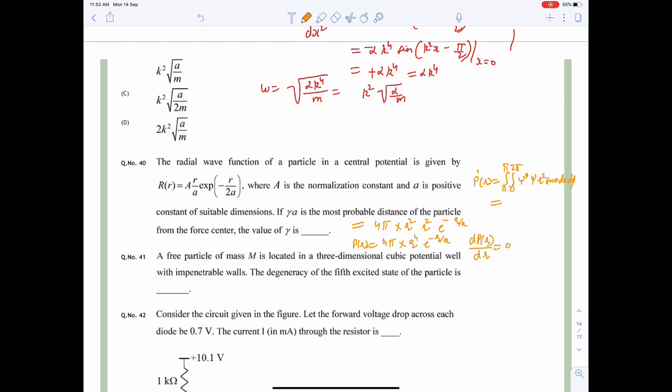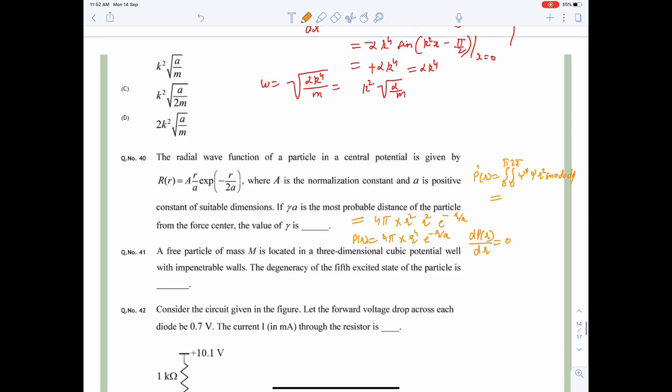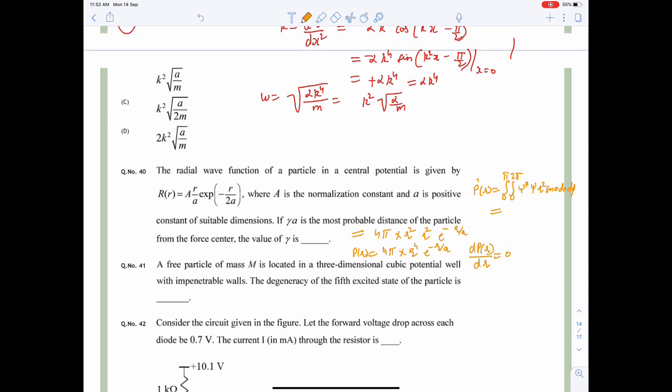Performing this, let me check the answer, I'm confused. 4 pi is from sine theta d theta d phi, and from r square it is r square. From psi star psi you get r square, so yes, this is right.